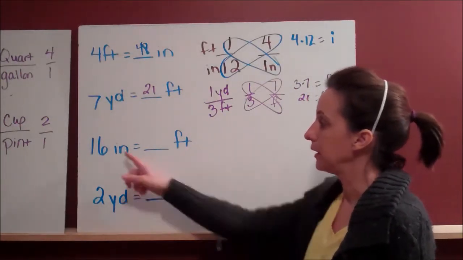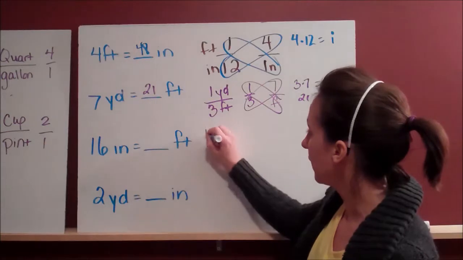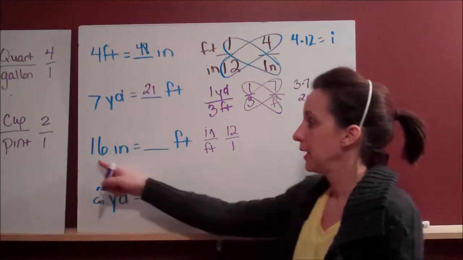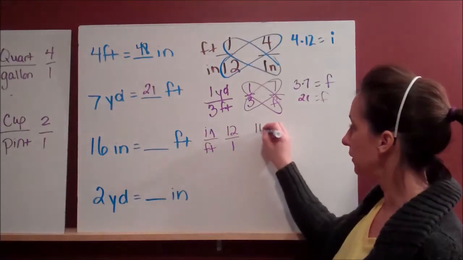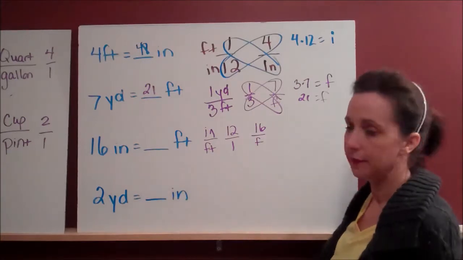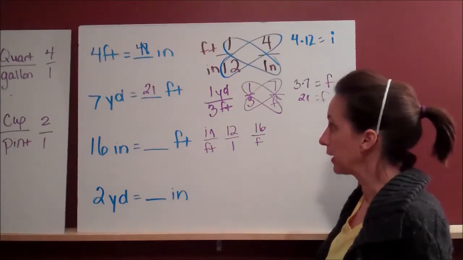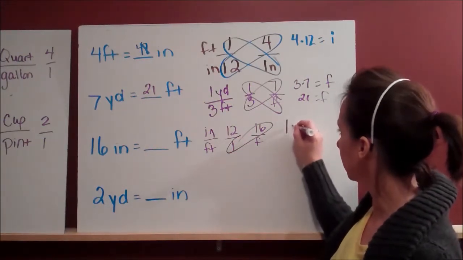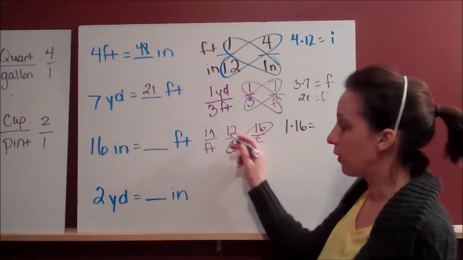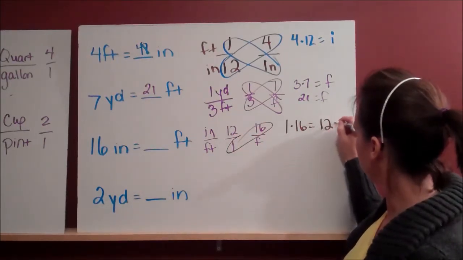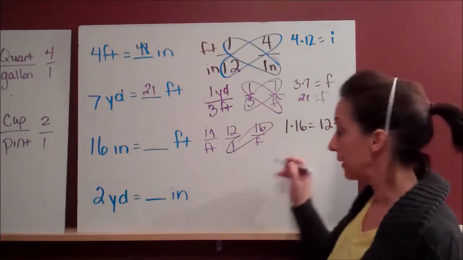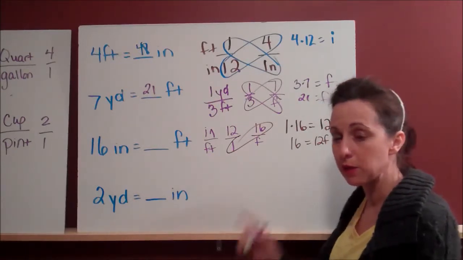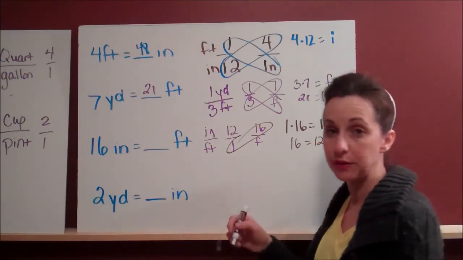Okay, let's try the next one. Inches to feet. Again, what I know about inches to feet is that there are 12 inches in 1 foot. And this says I have 16 inches in F feet. So we're going to do cross products one more time. 1 times 16 is on this side, and 12 times F is on this side. So I've done my cross products. 1 times 16 is 16, and 12 times F is 12F. And now you see I have a one-step equation that is multiplication that I can use division to solve.